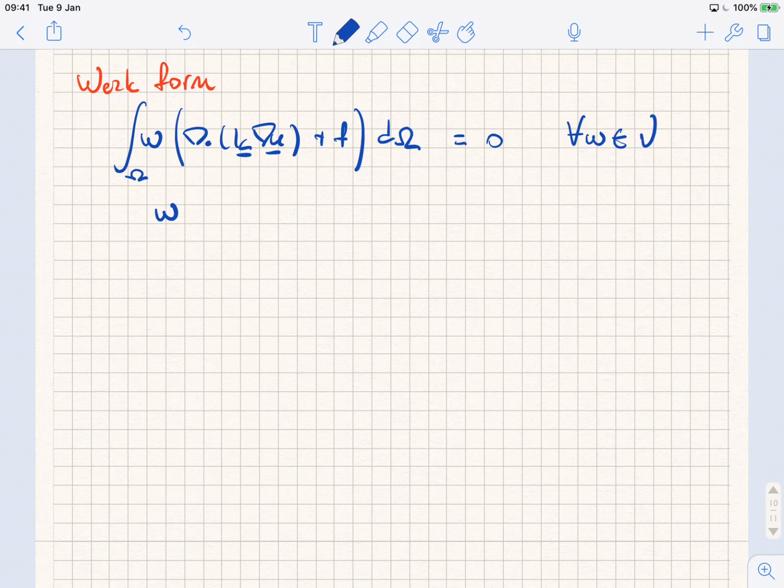In higher dimensions, if I want to take that first term, I say w, and then I take that whole thing, plus, so I have a scalar, right? And then I have this other whole thing. We have grad u, which is a vector multiplied by a tensor, still a vector, but when I take the divergence, it's a scalar, right? So I have the product of two scalars.